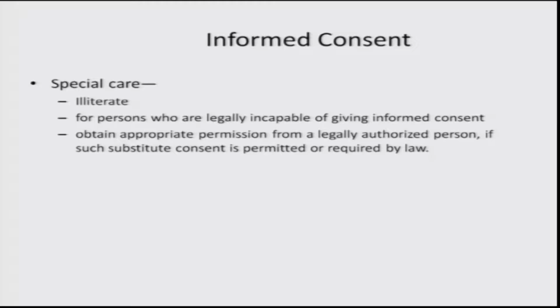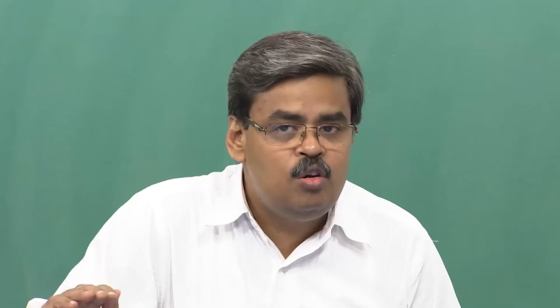Similarly, if you are working with people who are not of the legally acceptable age range to give consent, then again you have to go for their parents or guardians who would sign the informed consent form on their behalf. But before you take their consent on a proper informed consent form, it is advisable not to conduct the study.